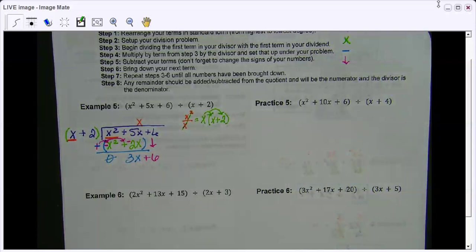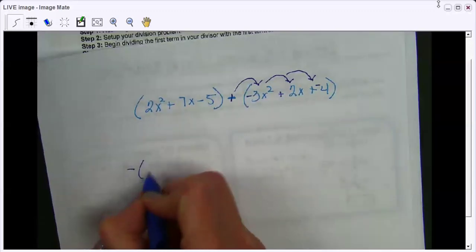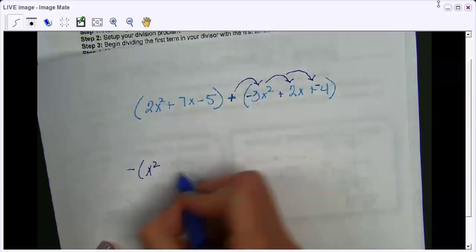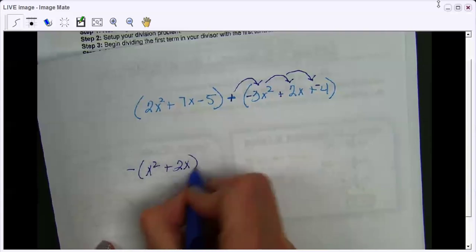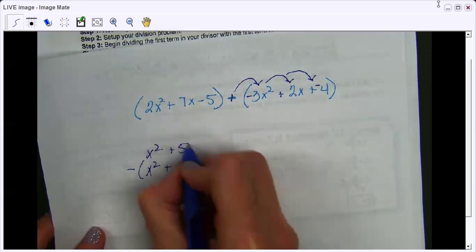Becca, you know how there's a symbol in front of the negative? Let me show you what we had here. We had a negative (x squared plus 2x), and above it we had x squared plus 5x.